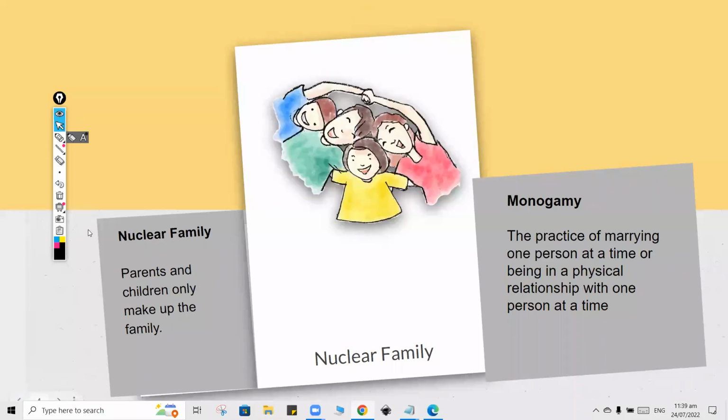Okay, so this is the nuclear family here, right? Make sure we spell it correctly. Sometimes people like to put in an extra U after the C, but it's really nuclear, N-U-C-L-E-A-R, right?